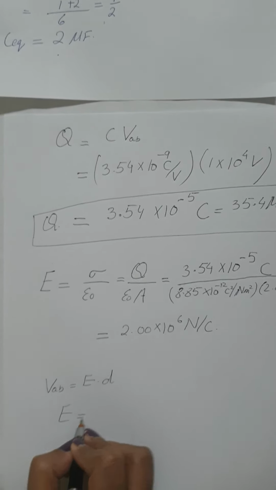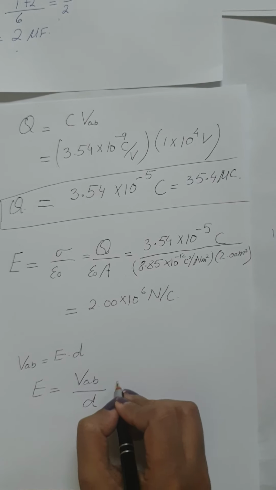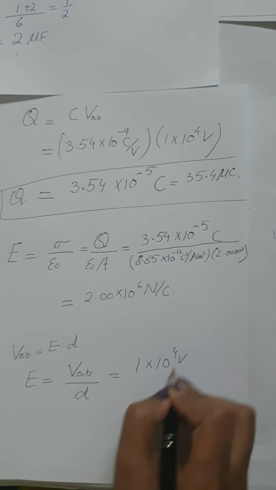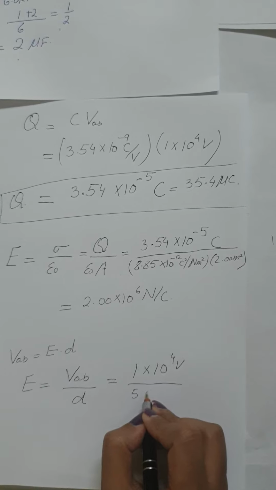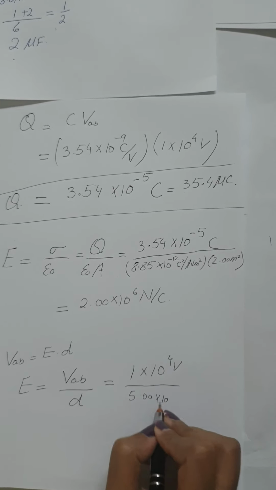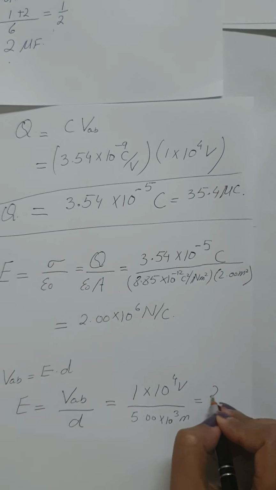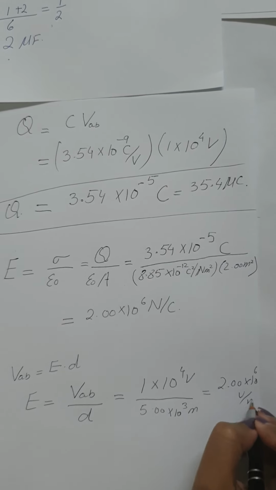And so you already know that it is 10 raised to power 4 volts divided by d, which is 5 times 10 raised to power minus 3 meter, and it becomes 2.0 into 10 raised to power 6 volt per meter.